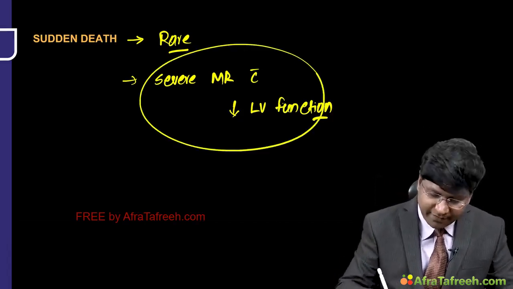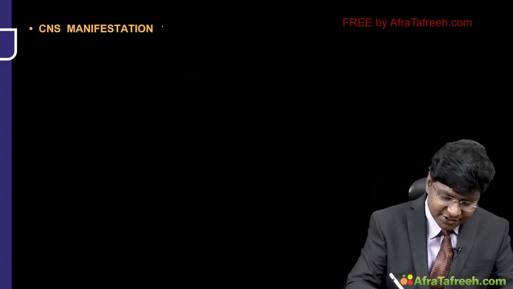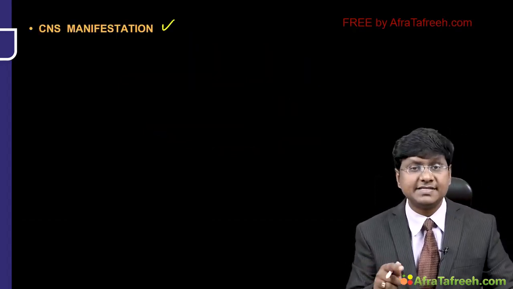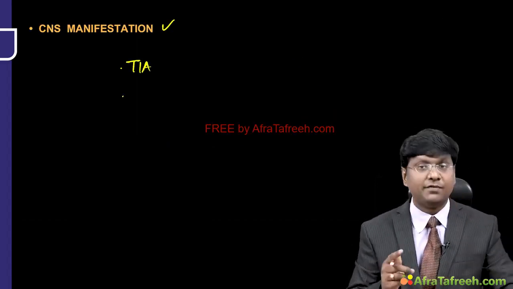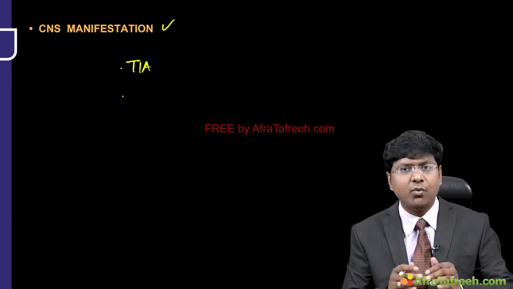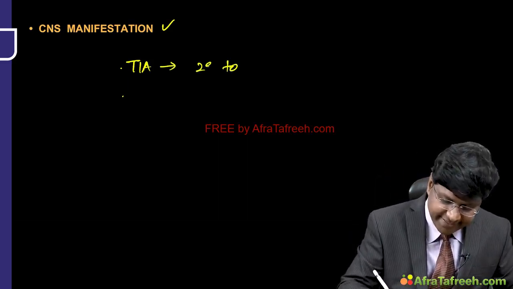So this group of individuals is at increased risk of sudden cardiac death. Now some of these patients also develop CNS manifestations, in the form of transient ischemic attack. Why do they develop transient ischemic attack? That is secondary to emboli.